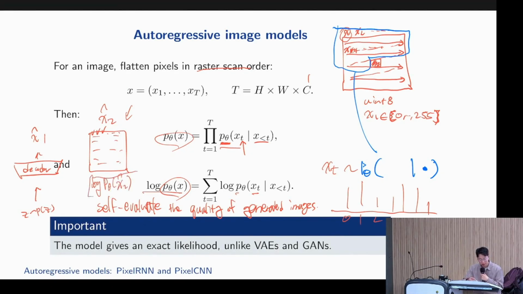You have a single number indicating the quality of the generated image. So this is a powerful tool because you can now evaluate the generated quality. Here, you cannot evaluate your quality. So maybe you can do something like rejection sampling based on the output here.